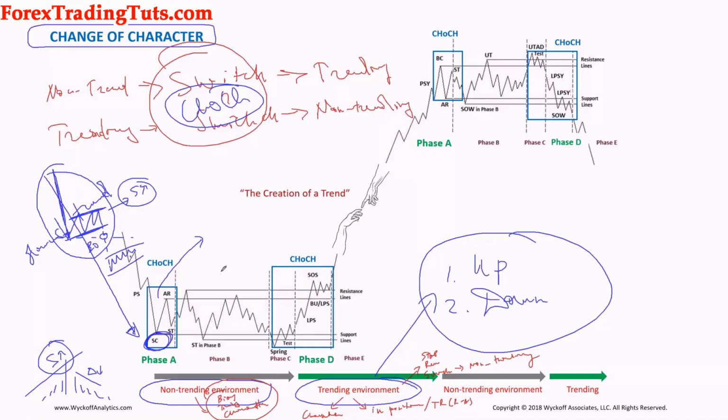And think of this in reverse. I've just shown you how a downtrend would behave. Then think about that change of character. So if in the downtrend we had the price going down more than up, then obviously in the change of character environment, we want to have the rally start outperforming.